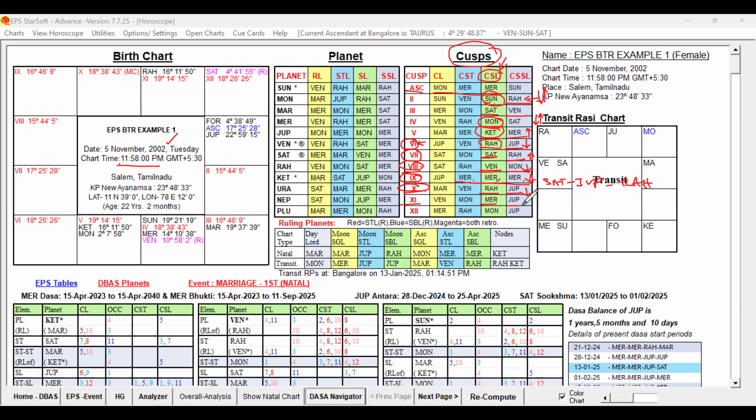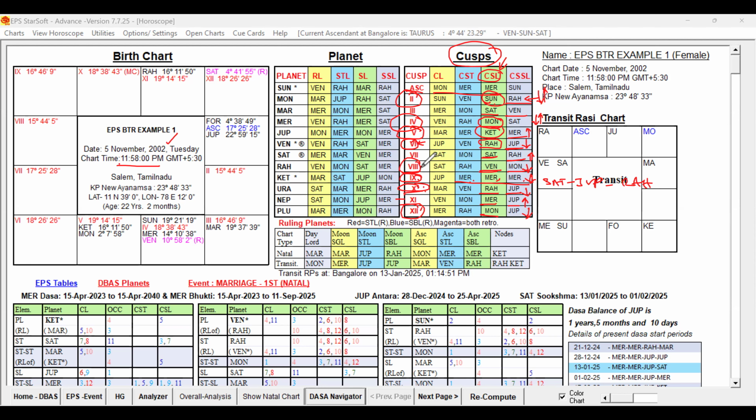The twelfth sublord is Moon and sub-sublord is Jupiter. So this also, when we reduce the birth time, will have an impact. So out of this, we could see the second sublord, fourth sublord, fifth sublord, sixth sublord, and not the seventh sublord, and the eighth sublord, ninth sublord, tenth sublord and twelfth sublord.